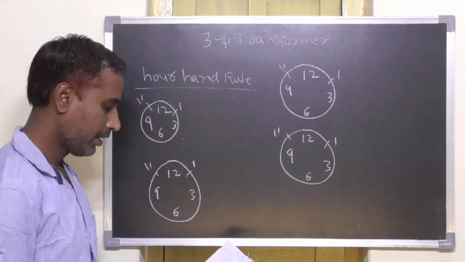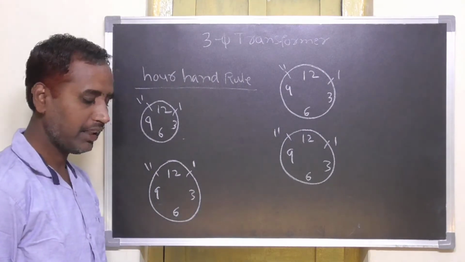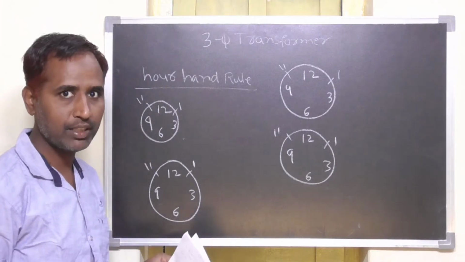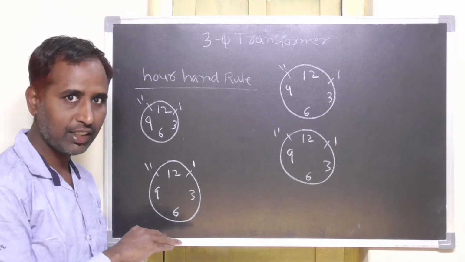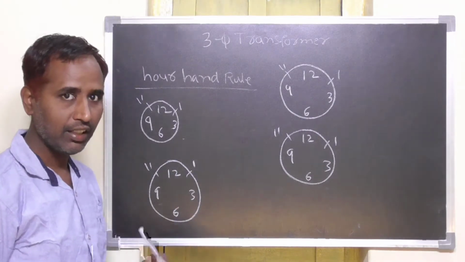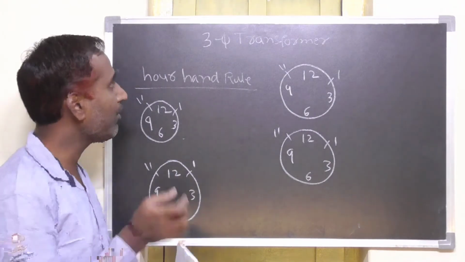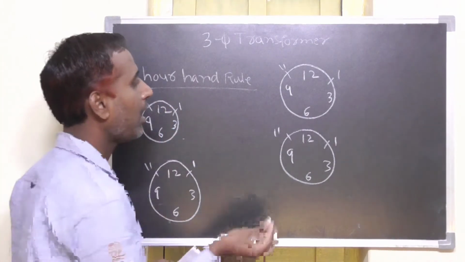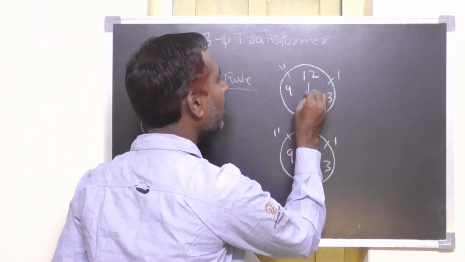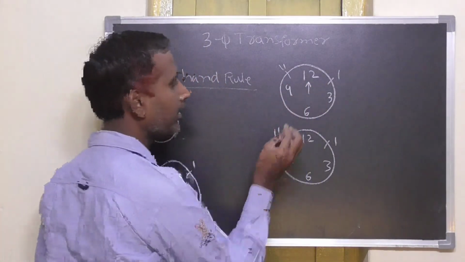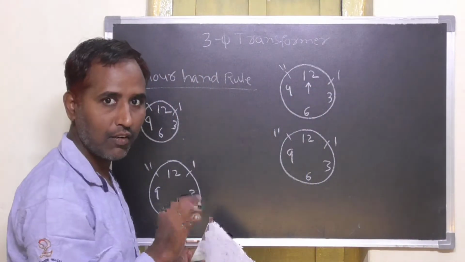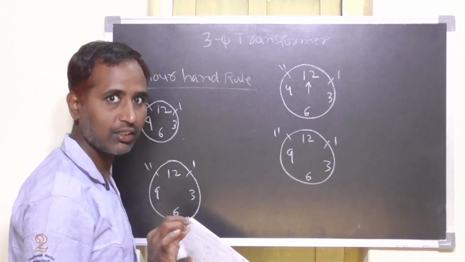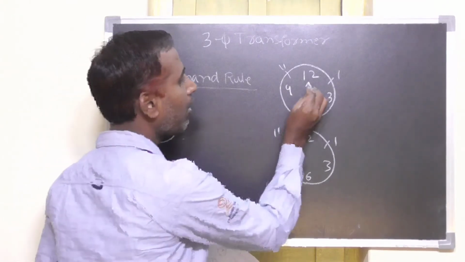This is the representation of a phase displacement. The phase displacement between the high voltage side winding and low voltage side winding, we can represent with the help of hour hand rule. Hour hand means the small needle. We know that the hour hand, minute hand, second hand, the hour hand shows the hour.